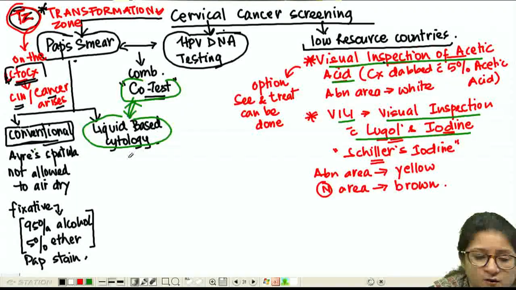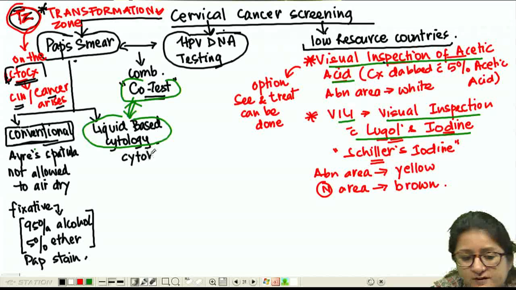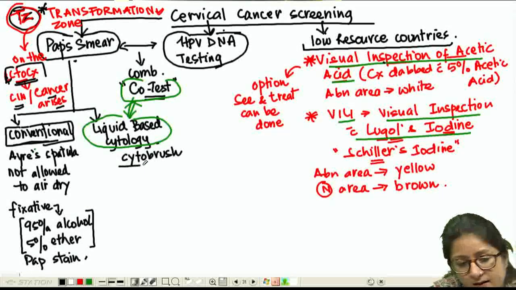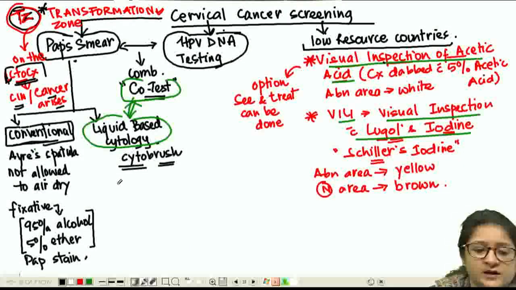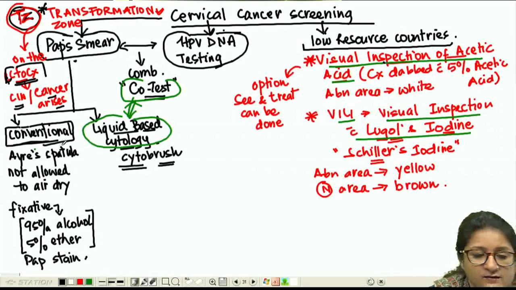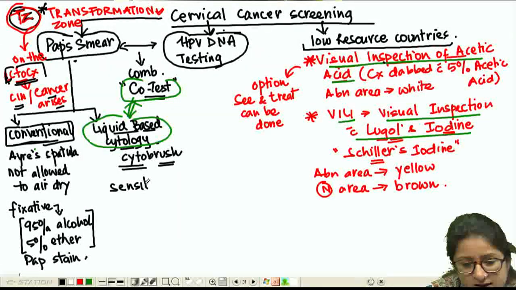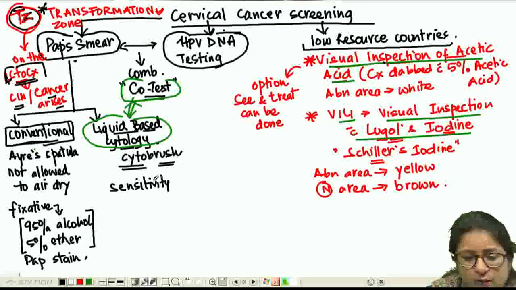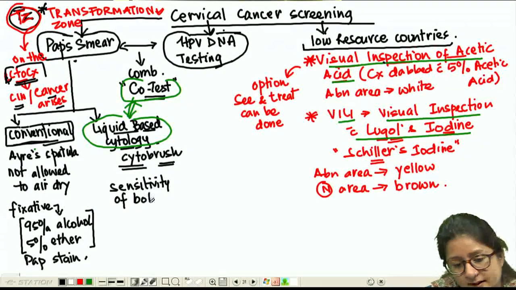In the liquid based cytology, we take a sample with the cytobrush, insert it, rotate it in a 360-degree manner, and then it is put into another fixative used for liquid based cytology. The sensitivity of both methods is the same.